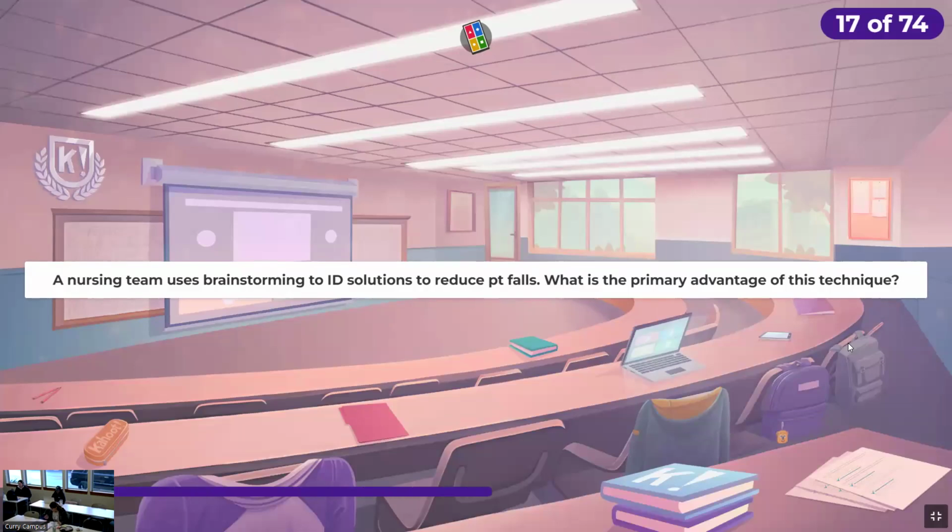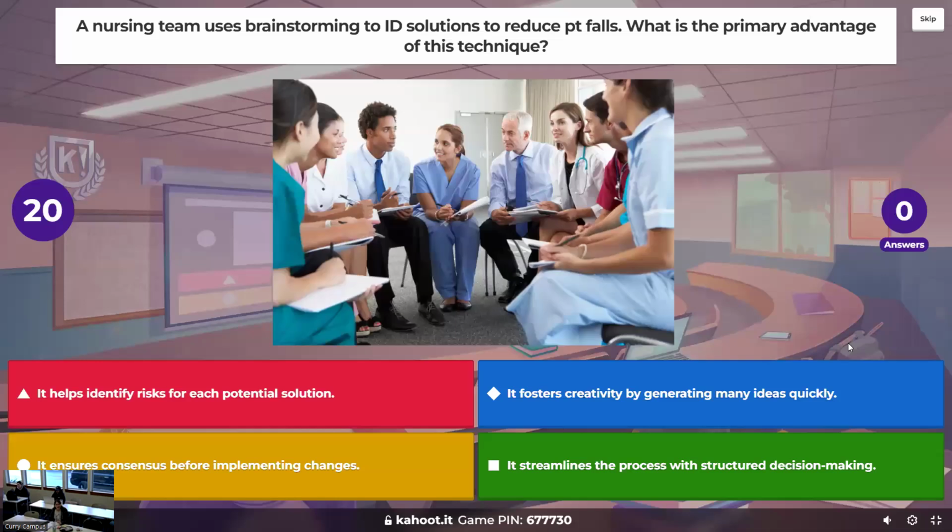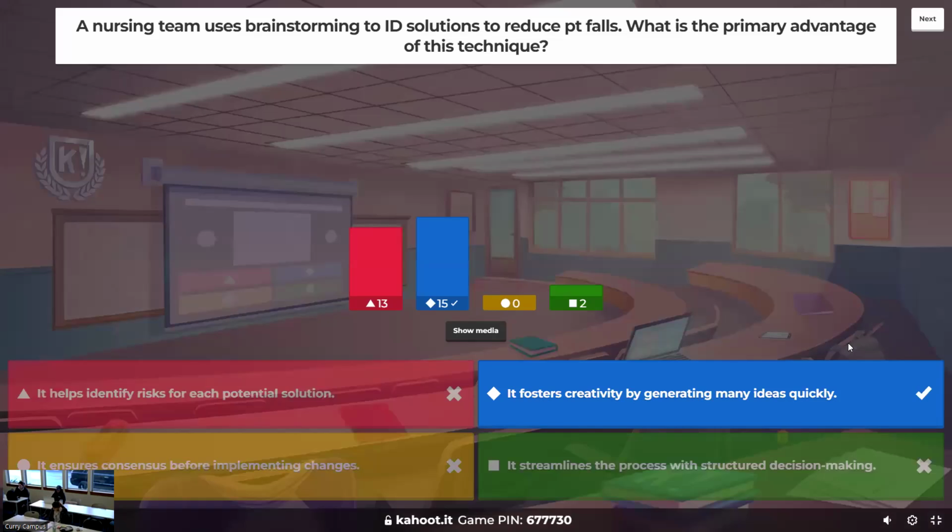A nursing team uses brainstorming to identify solutions to reduce patient falls. What is the primary advantage of this technique? It ensures consensus before implementing changes. All right, so we're pretty split there.